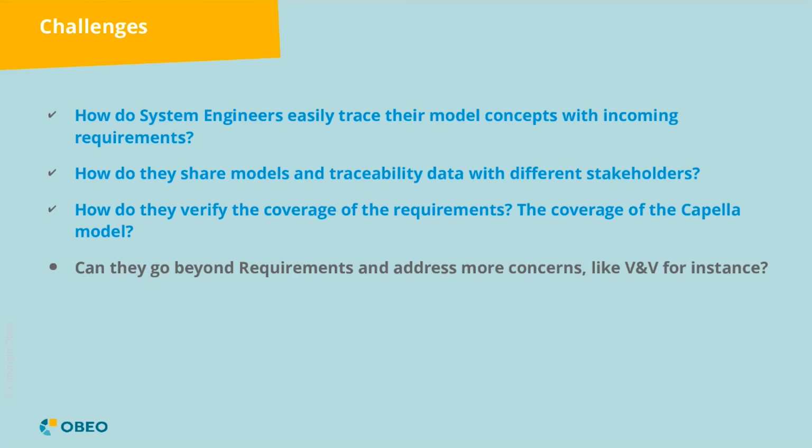There is one last challenge that we haven't seen yet, but actually I've already talked a little bit about all that. The user experience of creating a link by drag and drop is actually not at all tied to requirements.